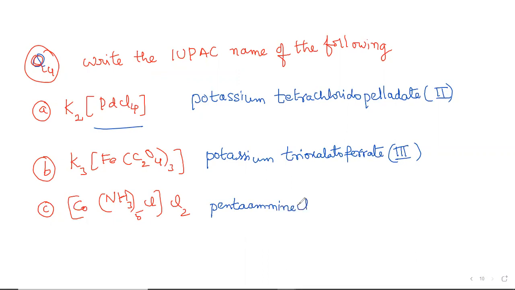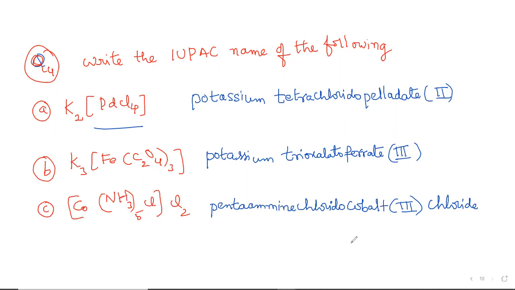Cl is chlorido inside the square bracket. Cobalt is the central metal. The oxidation state of the complex is 3. From the formula given to us, we can calculate the X value. The outside chlorines we'll call chloride. So this is the example.